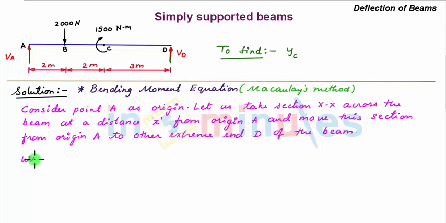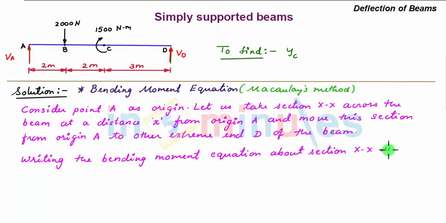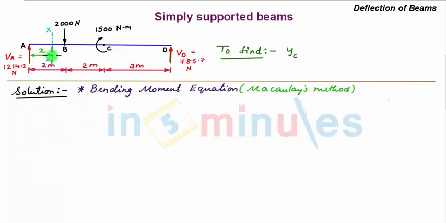Now writing the bending moment equation about section XX in a single equation, for a section XX between point A and B and at a distance small x from point A, considering the left hand side of the section, we can write the moment Mxx, which is also equal to EI d square y by dx square, is equal to, our sign convention is on the left hand side of the section clockwise moment is positive, anti-clockwise moment is negative.